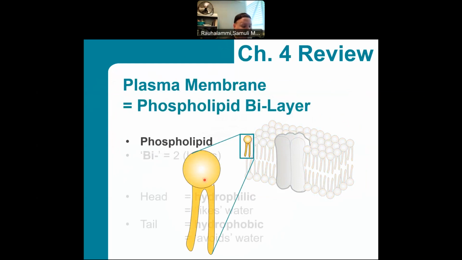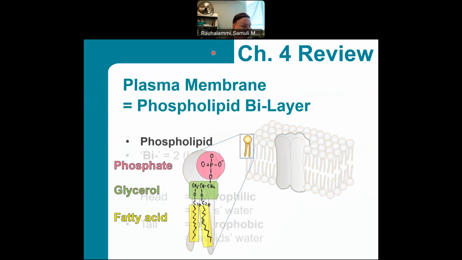A phospholipid had a hydrophilic head part and a hydrophobic tail part. The phosphate group forms the head part and the fatty acid chains form the tail part of a phospholipid. That's really where the word phospholipid comes from: the phosphate group and the fatty acid tails.